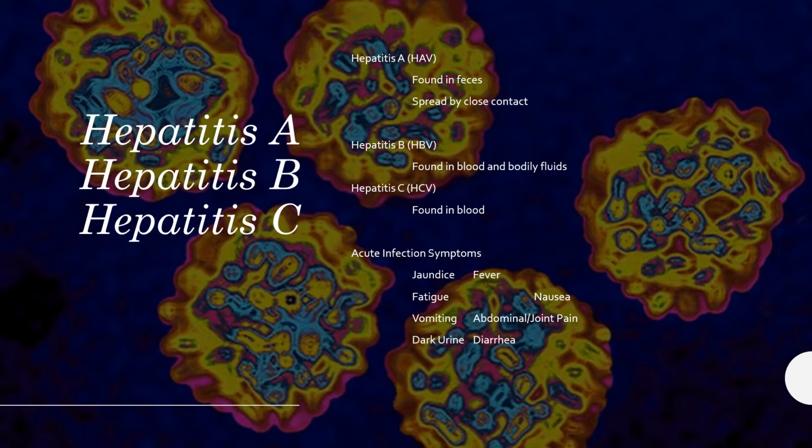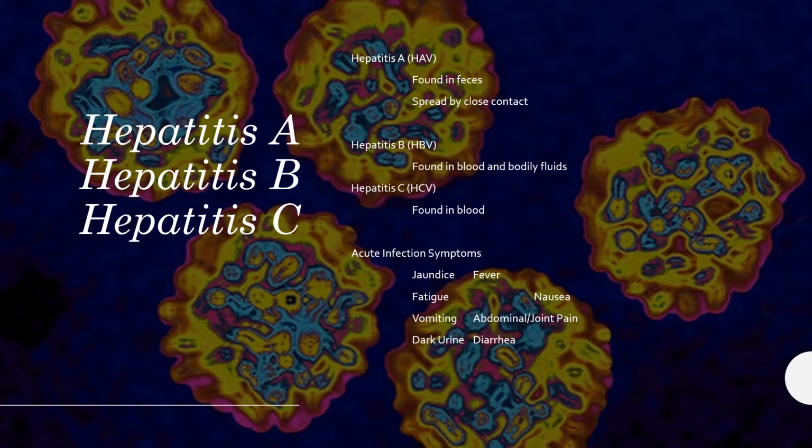So hepatitis A, or HAV, is transmitted through the fecal-oral route, and I don't mean someone is eating human feces. It's spread by close contact, so it's transmitted from person to person, normally sexual contact with an infected person, or ingestion of contaminated food or water.